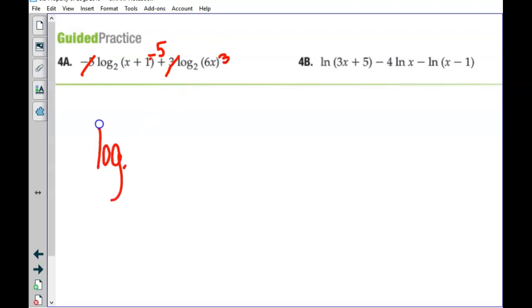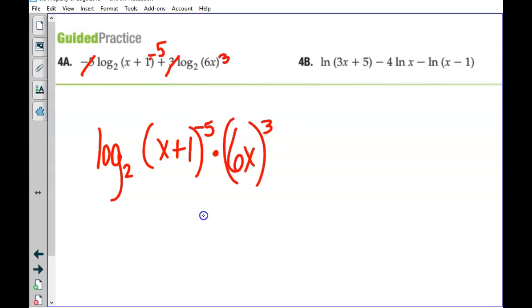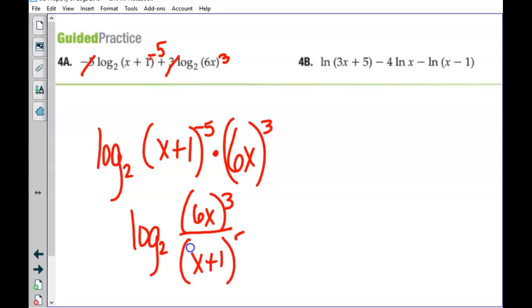So we'd have log base 2 of x, it's times right now. But what would actually happen to that guy? So we'd have log base 2 of 6x cubed, and I'm not going to bother to cube anything, over x plus 1 to the 5th.